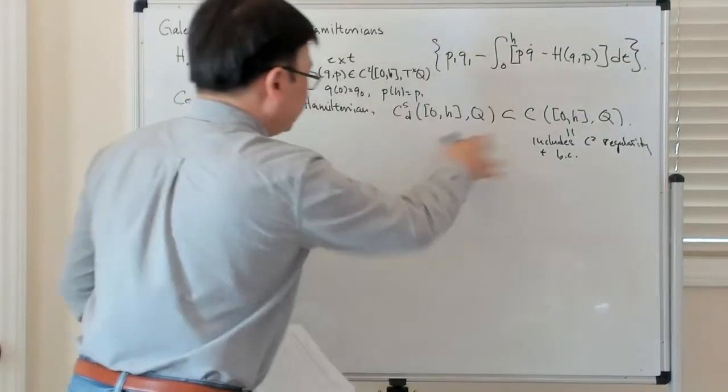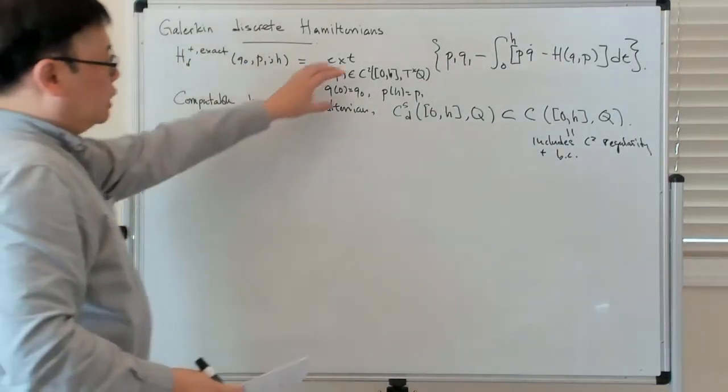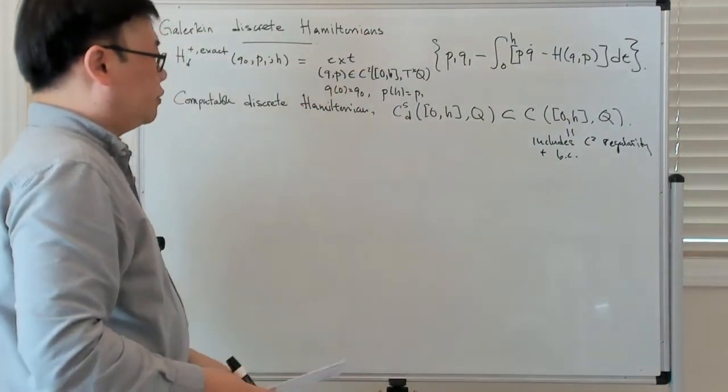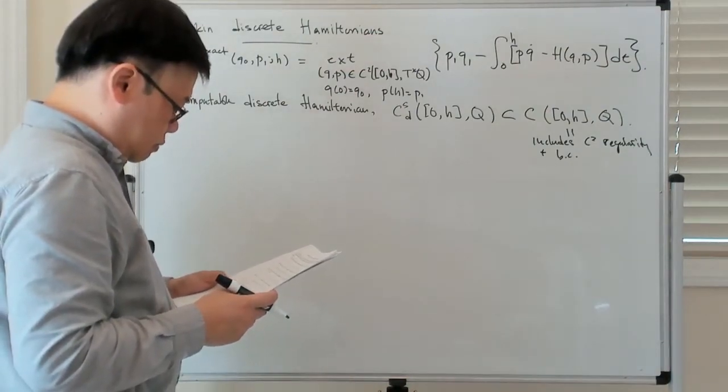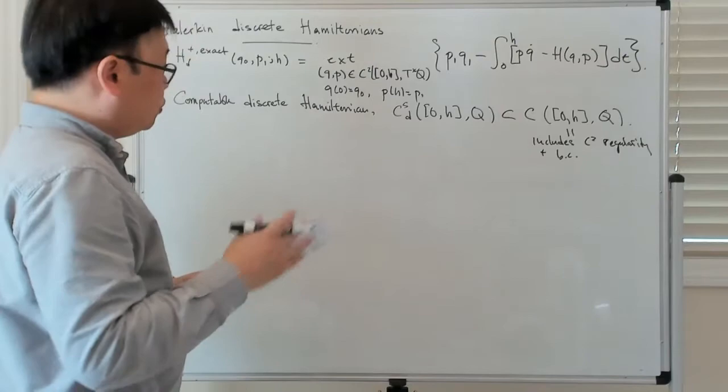So anyway, you choose this finite dimensional subspace of this appropriate space, and then you also use a quadrature rule.